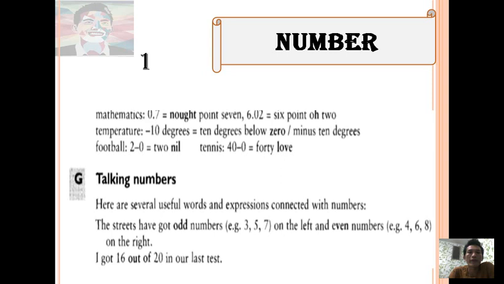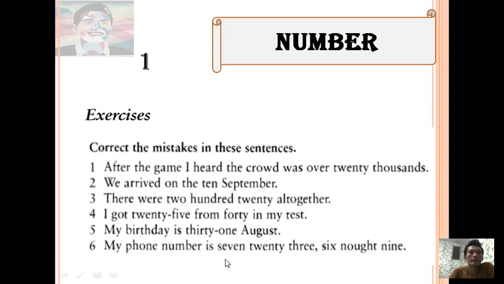The streets have odd numbers, for example 3, 5, 7, 9, 11, 13 and so on, on the left, and even numbers 4, 6, 8, 10, 12, 14 on the right. I got 16 out of 20 in our last test.